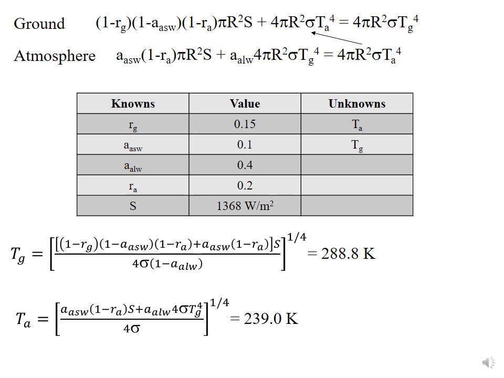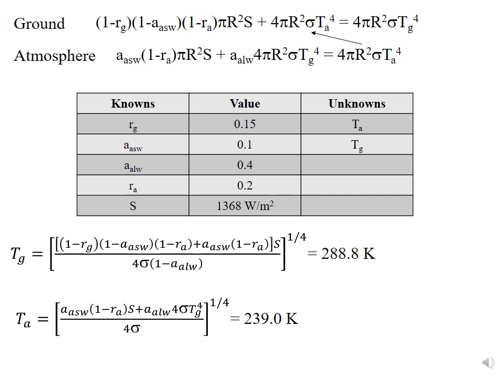So we have two equations, and let's take a look at what we know and what we don't know. I can come up with values and constrain values for the reflectivity of the ground, the absorptivity of the atmosphere in the shortwave, the absorptivity of the atmosphere in the longwave, the reflectivity of the atmosphere, and the solar constant, which is 1,368 watts per meter squared.